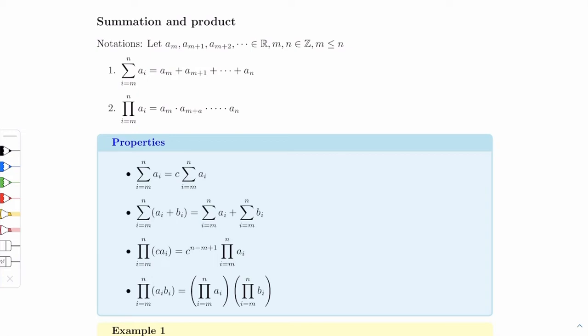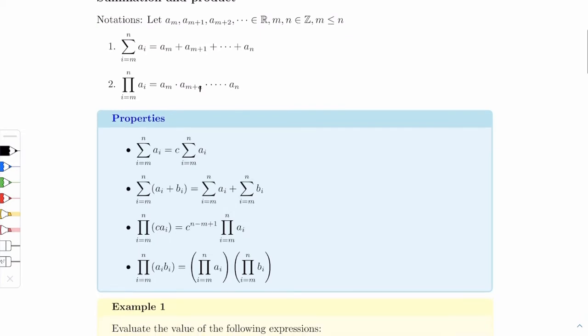The product notation is a pi notation, so it's the product of a_i starting from i equals to m till n. So that's a_m times a_m plus 1, well, this is a typo, all the way till a_n.